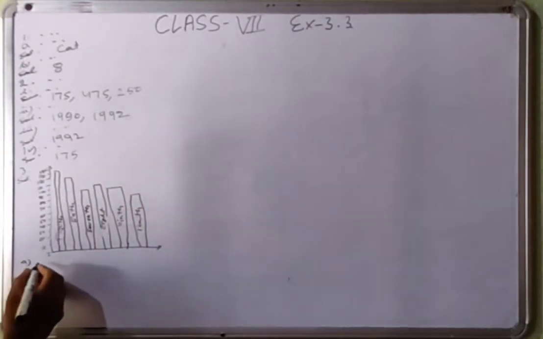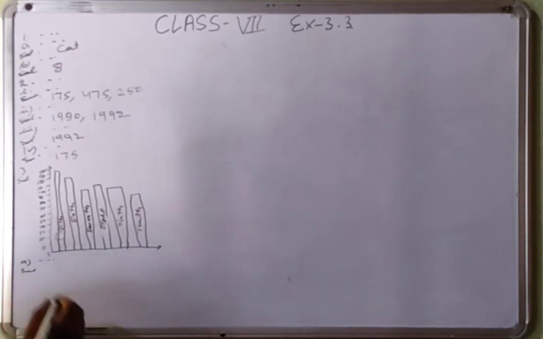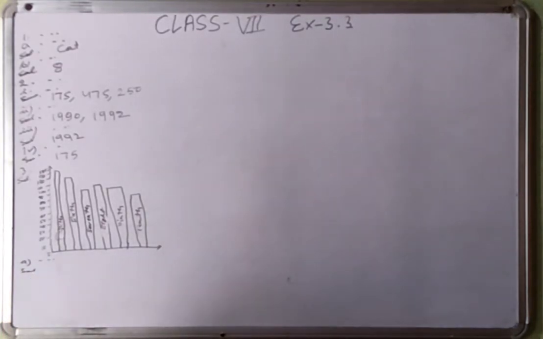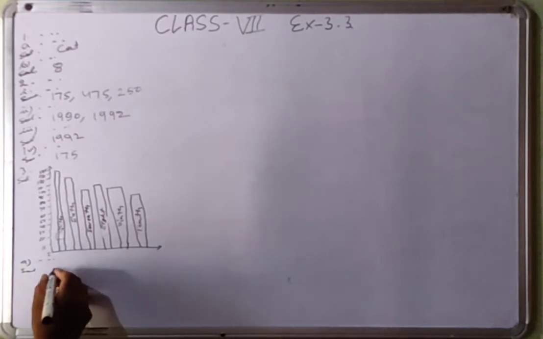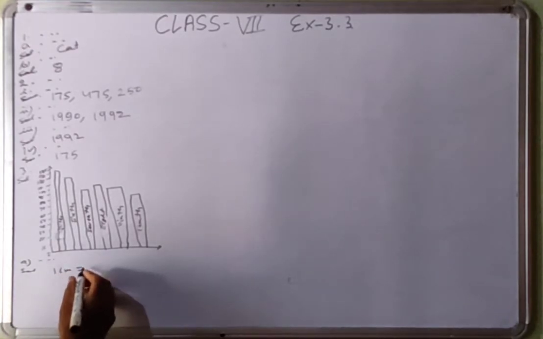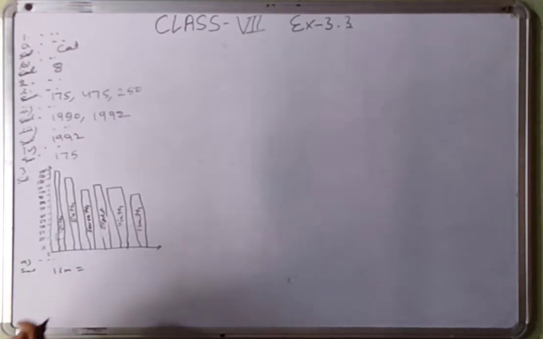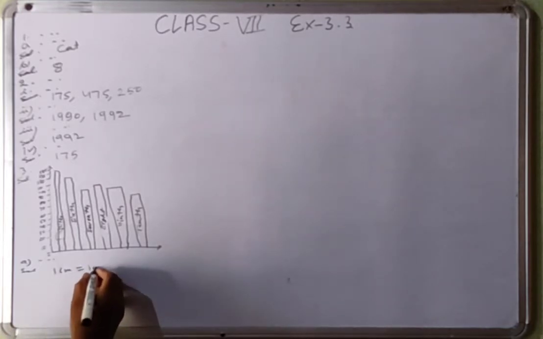And then question number 3, part A, solution. How would you choose a scale? 1 centimeter is equal to 10 children.